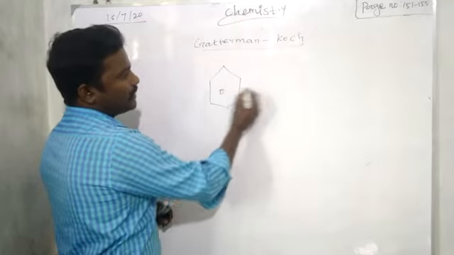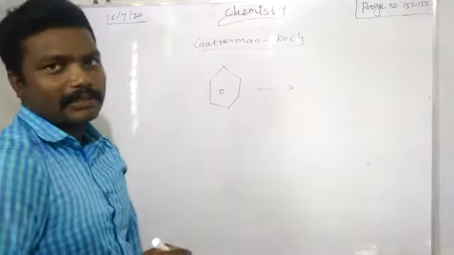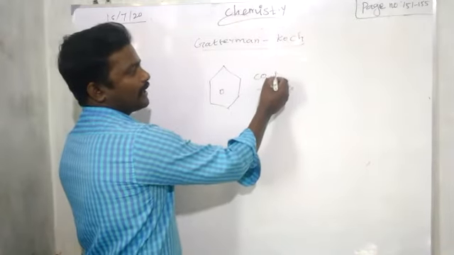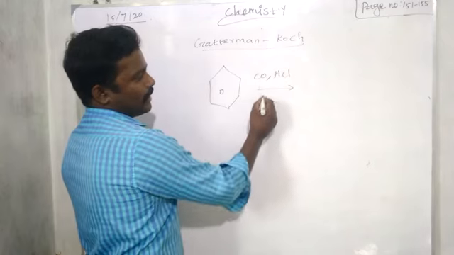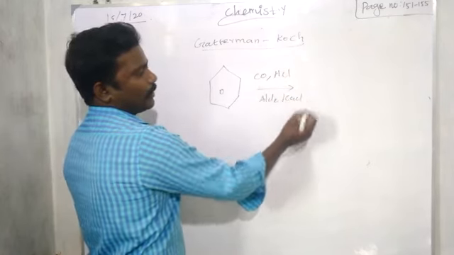So with the benzene we are going to take the reagents. What reagents do you want to take? Carbon monoxide, HCl, along with aluminum chloride and copper chloride, right?